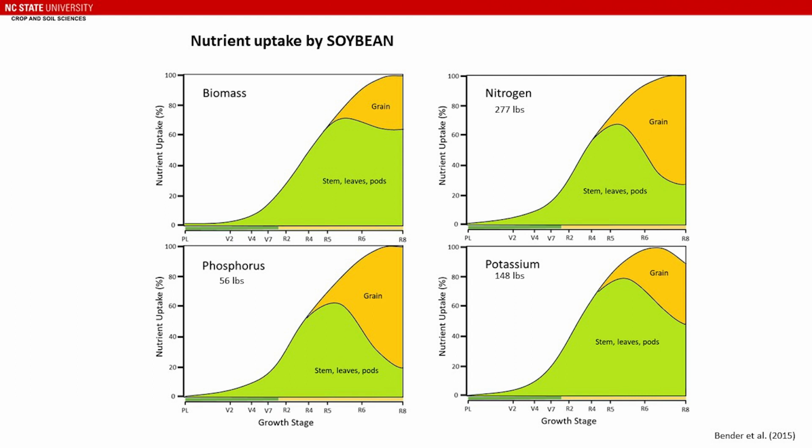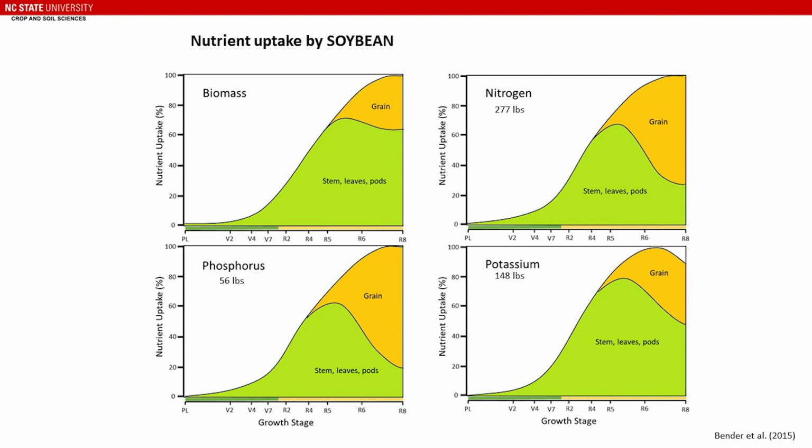The green part is the biomass, the stems, leaves, and pods, and the other part, I don't know what color that is, like a mustard, but it's the grain. You can see that when you get to R3, R4, we start to have accumulation of biomass in the grain. Let's see how the nutrients go during this time.